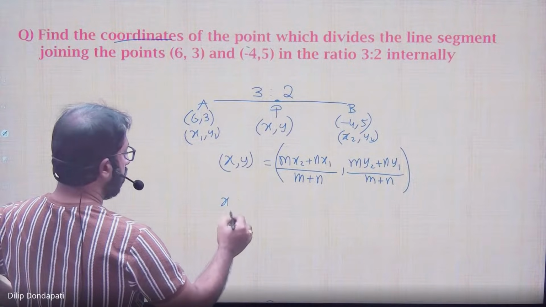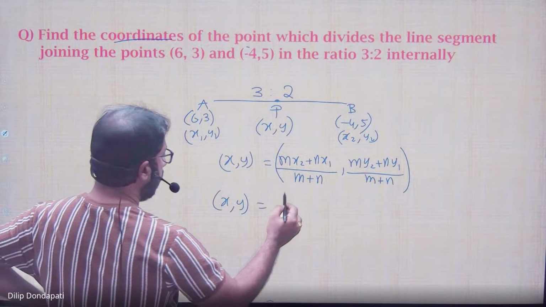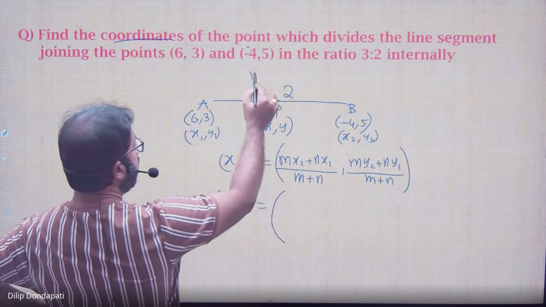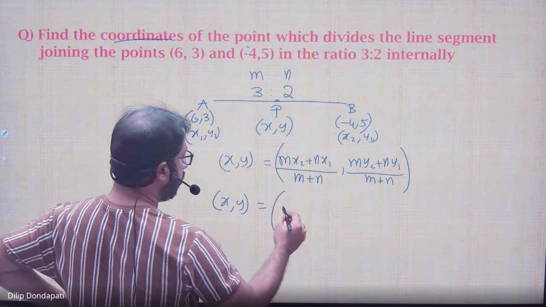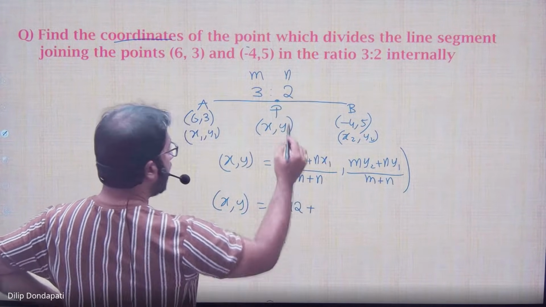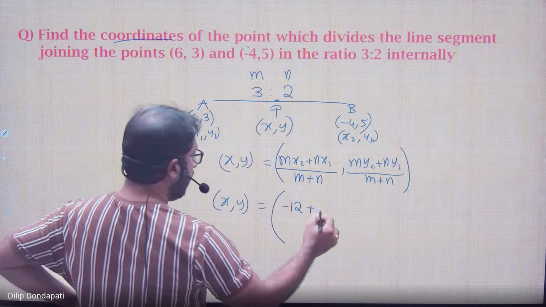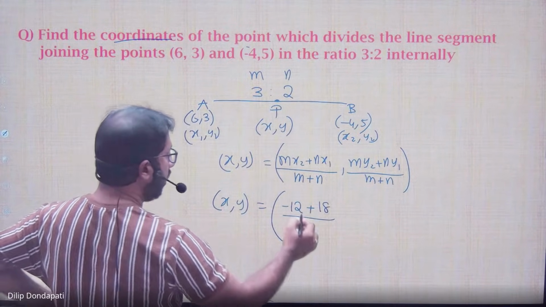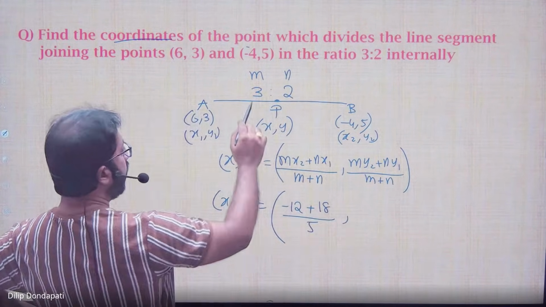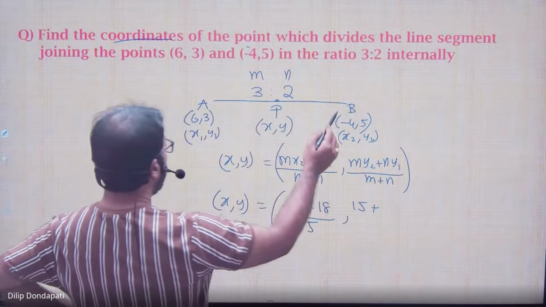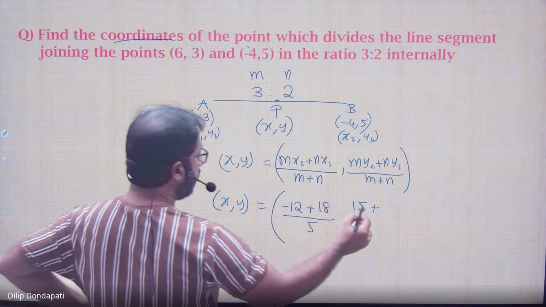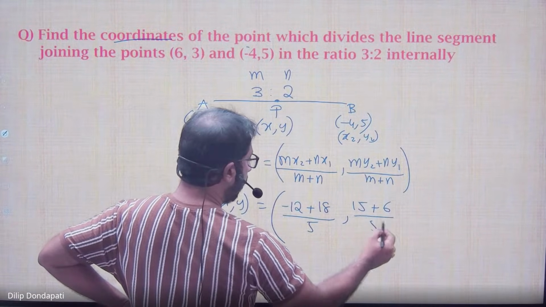So x comma y is equal to mx2. This is m, this is n. 3 into x2 is minus 4. So minus 12 plus nx1. 2 into x1 is 18 by m plus n is 5. Comma my2. My2 is 15 plus ny1. So 2 into 3, 6 by 5.